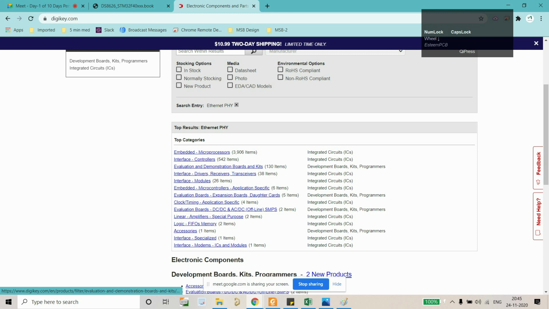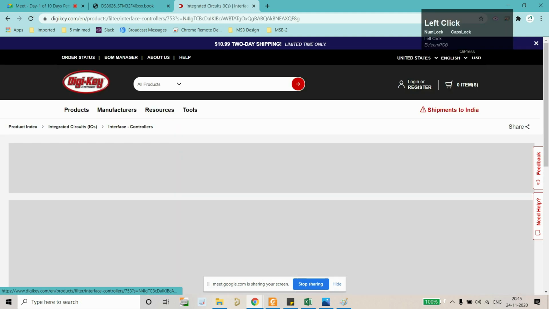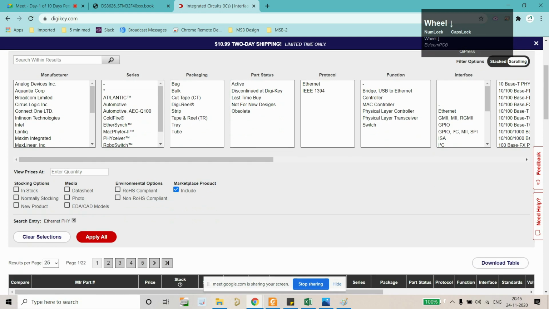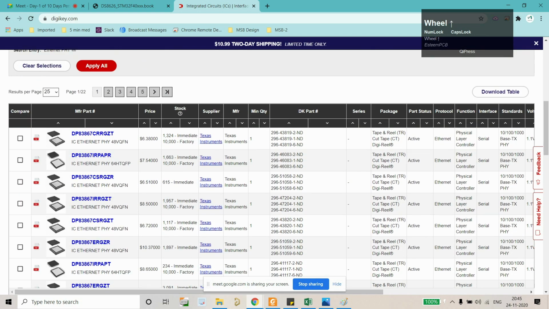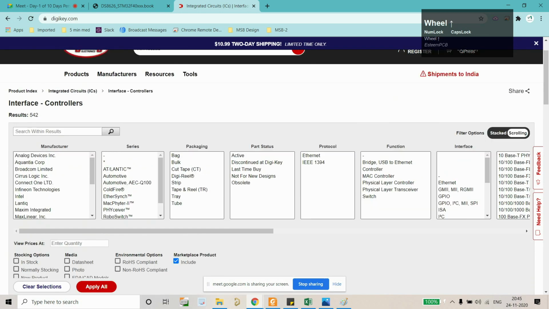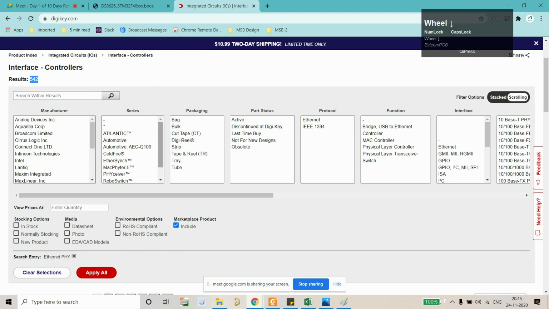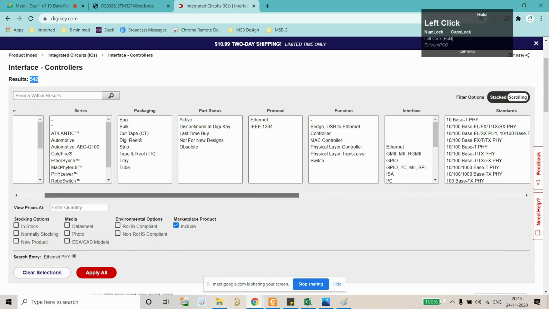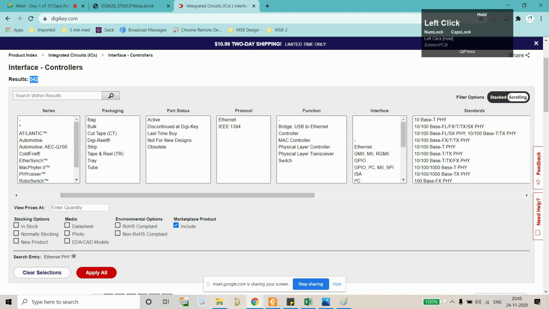And yeah, so here we have a lot of options, but we need an interface controller. Okay, so here we have a lot of options, as you can see, 542 results. Out of these we'll apply a few filters, and then we will see what we can use and what the right procedure is to select any component.